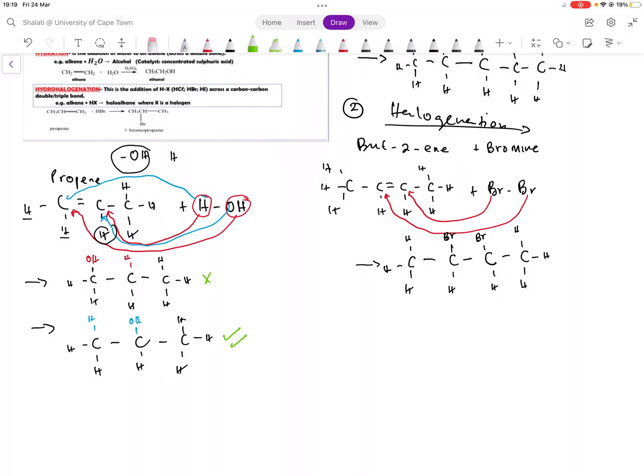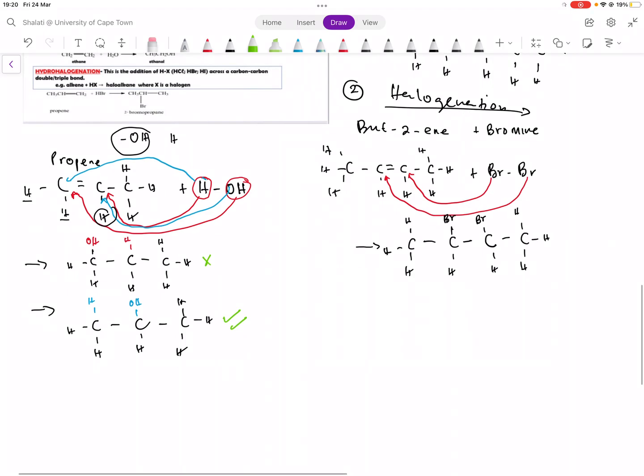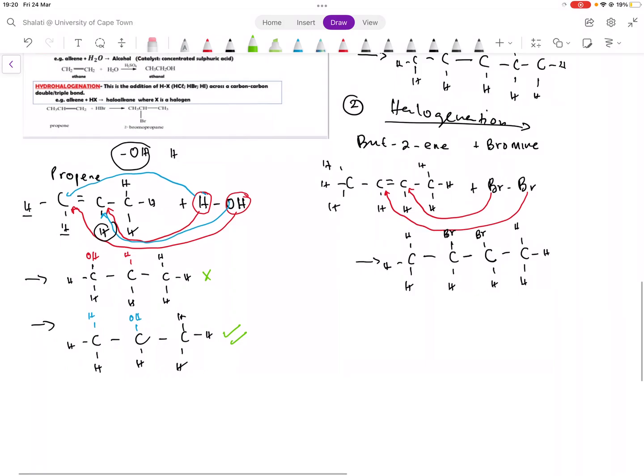Let's go to the last one, hydrohalogenation. So hydrohalogenation, again, tells you that you are adding a halogen and a hydrogen. So let's look at an example. So number 4, hydro for hydrogen.